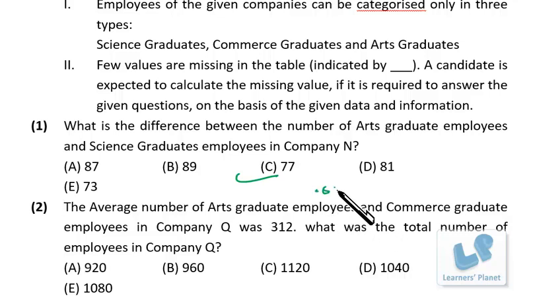So 0.65 of x is 624. Okay, so we have to find out the value of x. So it is 2960. Okay, pretty simple.